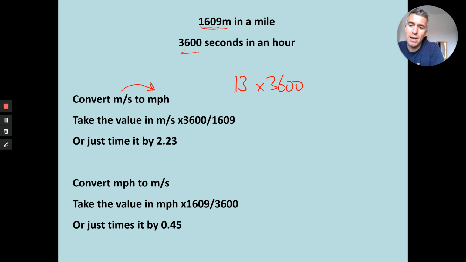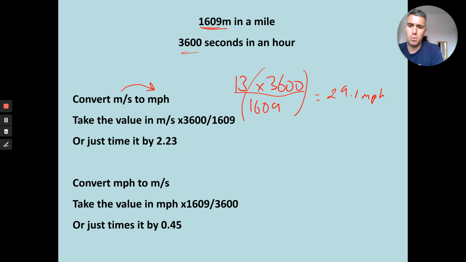And then you divide it by 1609, which is how many meters in a mile, so 13 times 3,600 divided by 1609 gives us about 29.1 miles per hour.